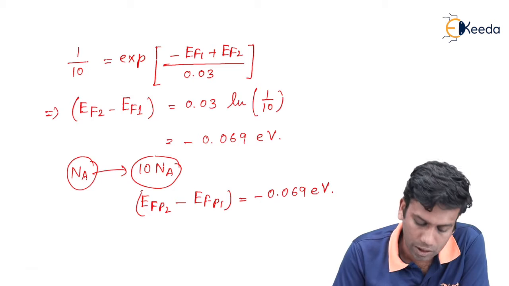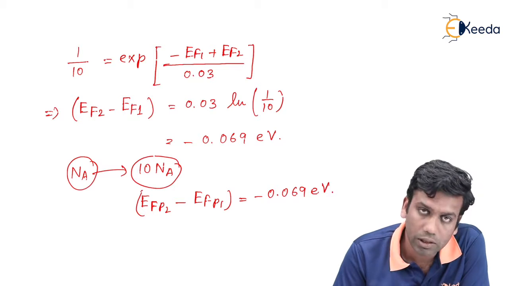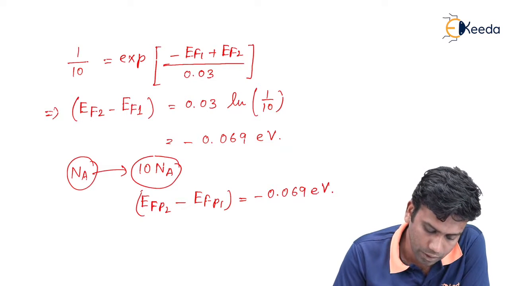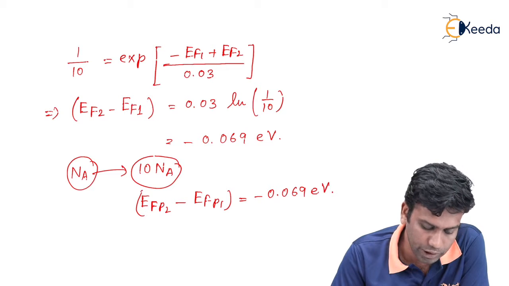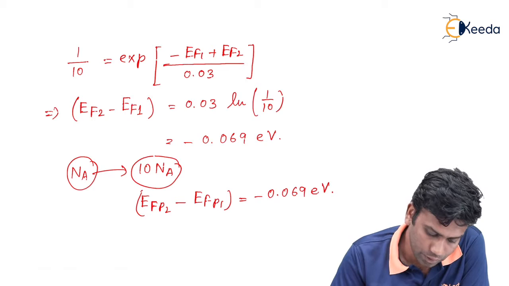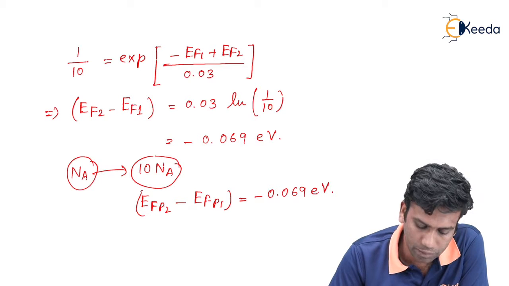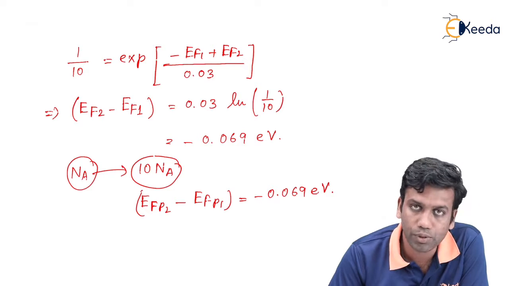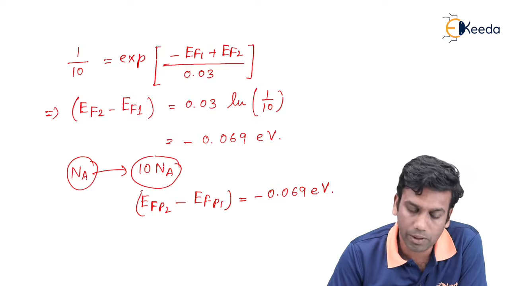So, this is the new position of the Fermi level for the change of acceptor concentration. So, let us put this information in the p-type semiconductor. So you can see that the value of the shift is negative because it is moving in the downward direction. So this is all about this example. Thank you.